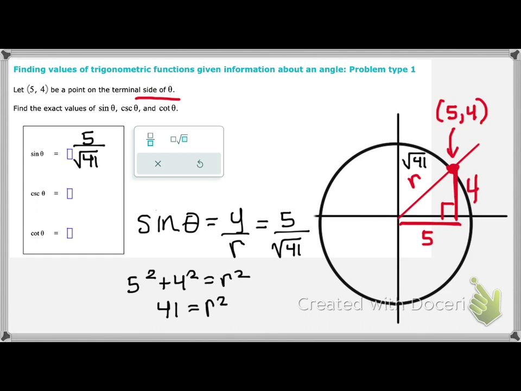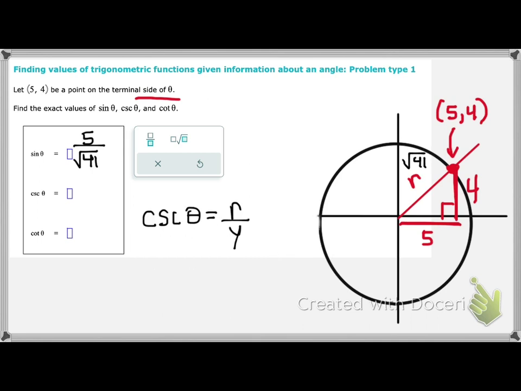Let's look at cosecant. What's the cosecant of theta? Cosecant theta is r over y. I know r is root 41, and I know y is 4. So it's root 41 over 4. And I made an error back here, didn't I? Some of you were probably shouting at your screens a minute and a half ago.